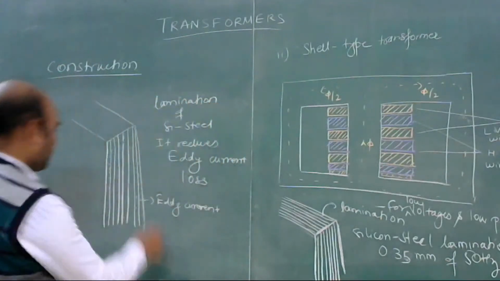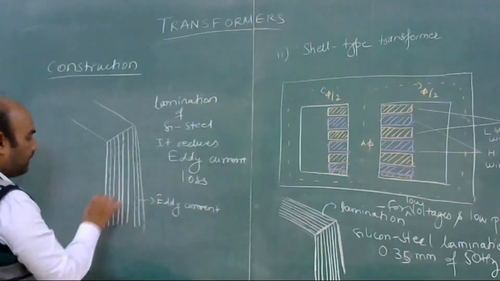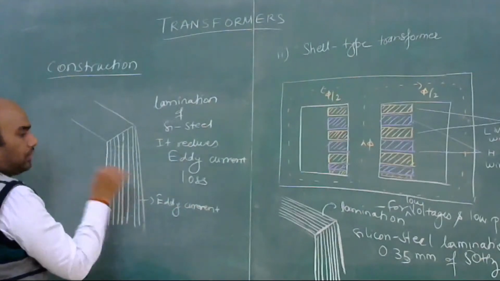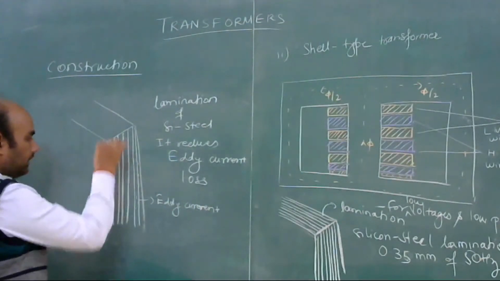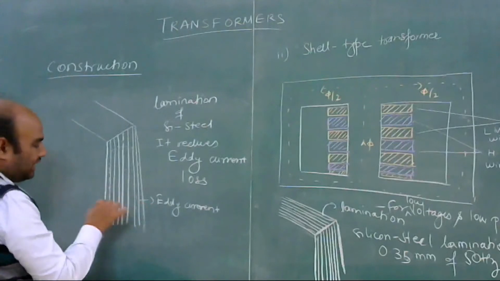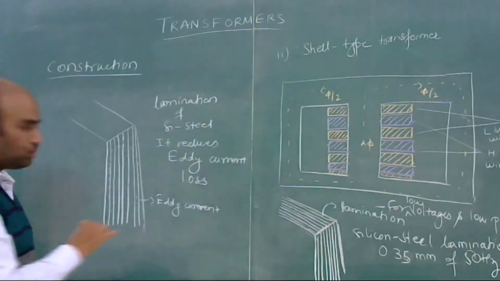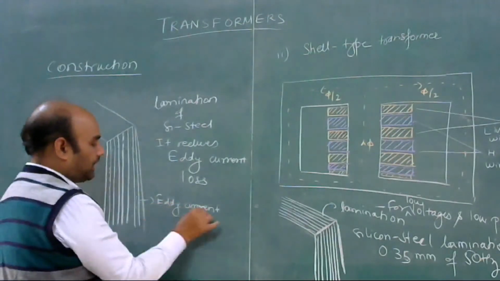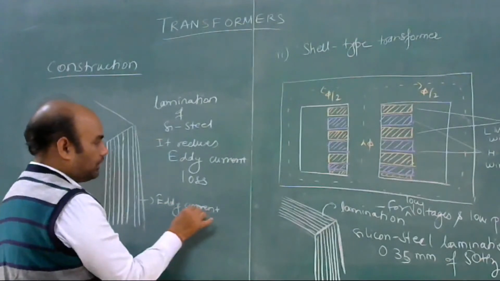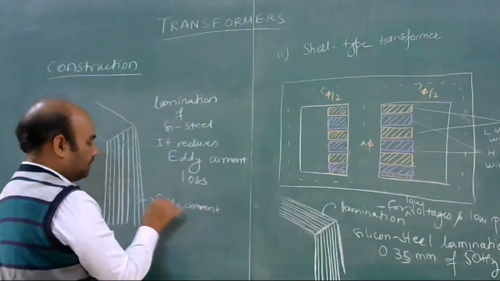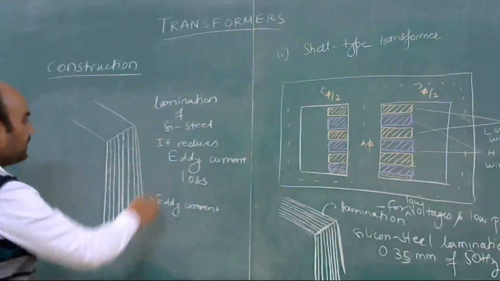The path for the eddy current gets reduced, and it is unable to circulate in this very thin thickness. In this way we can reduce the loss in the core. So this is core loss.